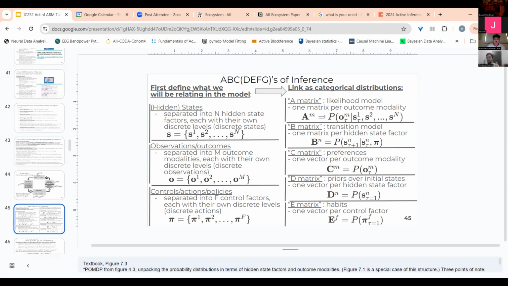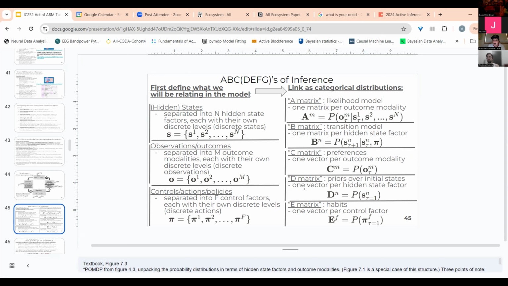C matrix is priors over observations, which is like your preferences for what you want to see. The agent will try to realize these or seek out these observations by way of free energy minimization. D is your initial beliefs about states. What did you think before?